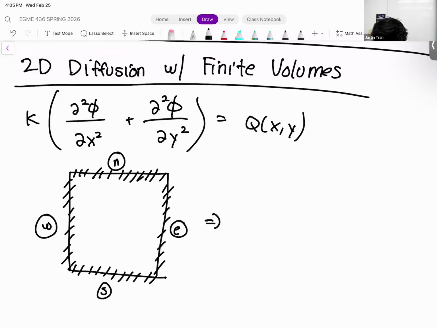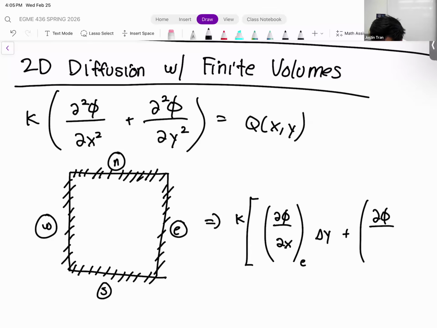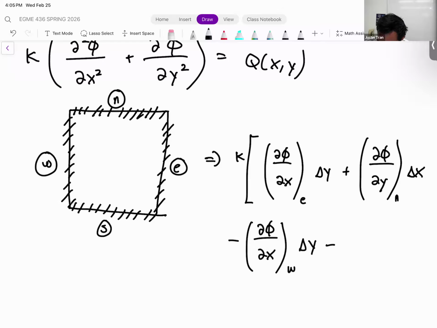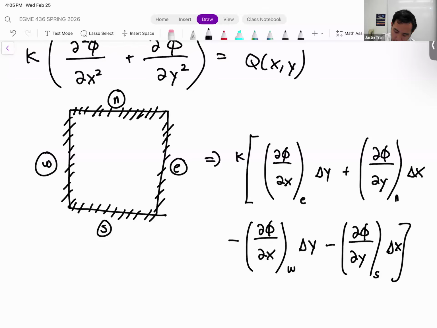After doing so, you get k multiplied by partial phi partial x evaluated on the east face, delta y, plus partial phi partial y evaluated on the north side, delta x, minus partial phi partial x evaluated on the west face, delta y, minus partial phi partial y evaluated on the south side, delta x.